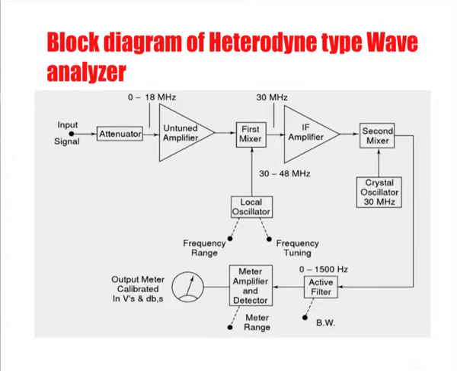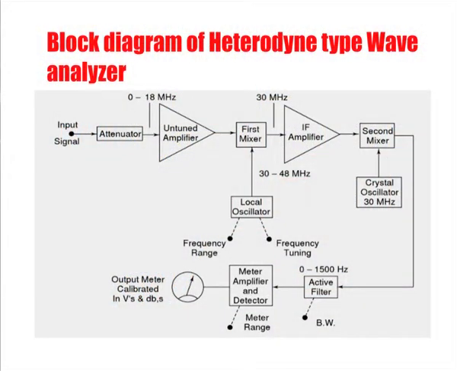The output of the first mixer, which is the intermediate frequency IF, is then fed to the IF amplifier. Now, here we are not choosing a particular frequency. The whole band of the input signal is currently being passed through the first mixer, such that it is subtracted from the local oscillator frequency.